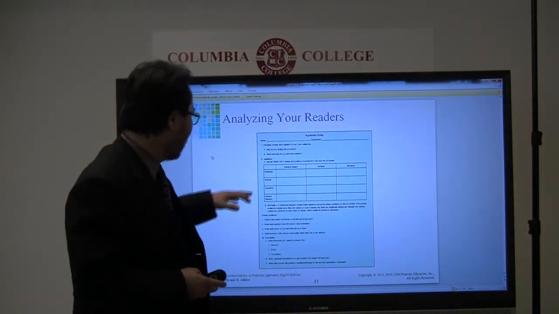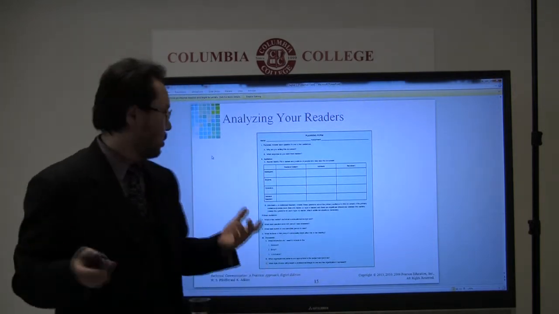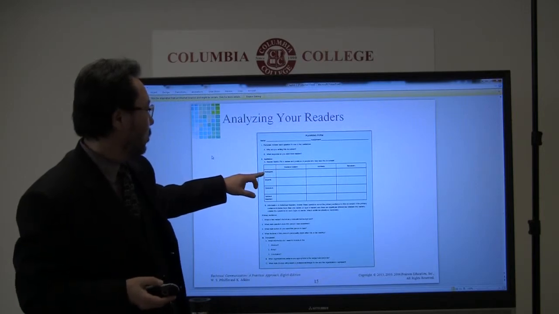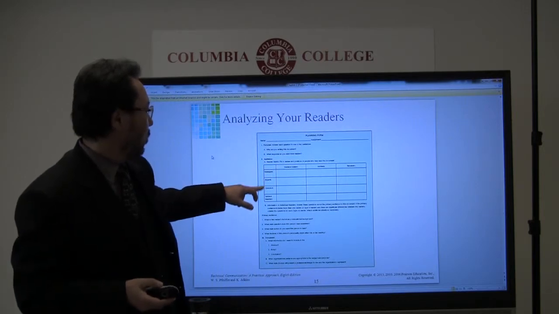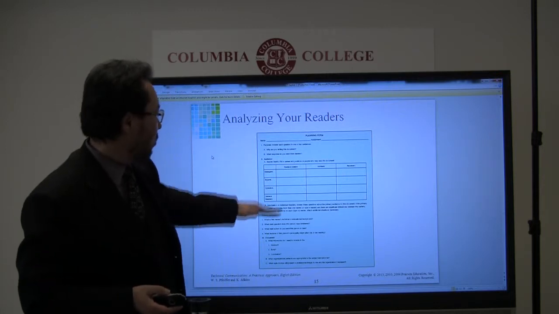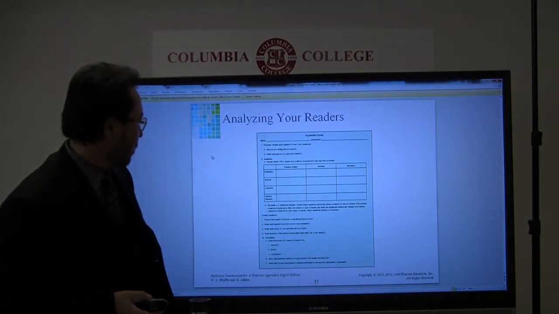Secondly, it goes into audiences. Who are your audiences? You will say whether that person is a manager, an expert, or just a receiver. You are trying to define who those audiences are.